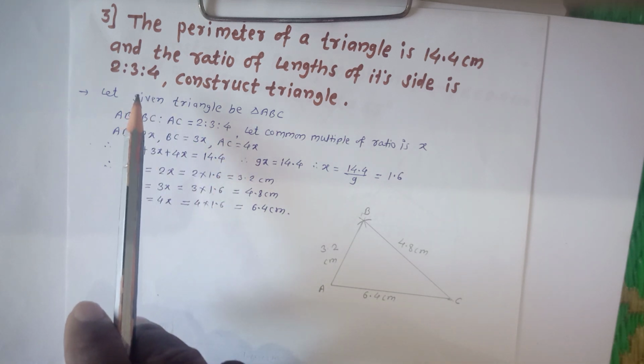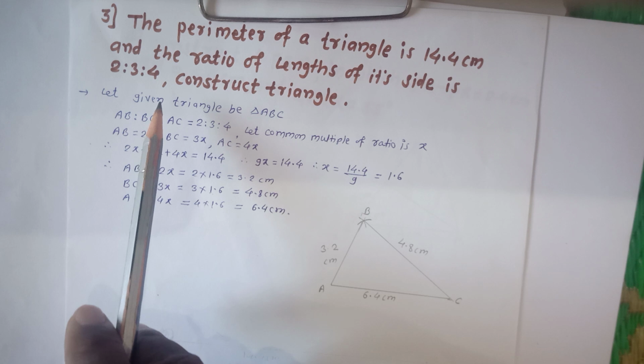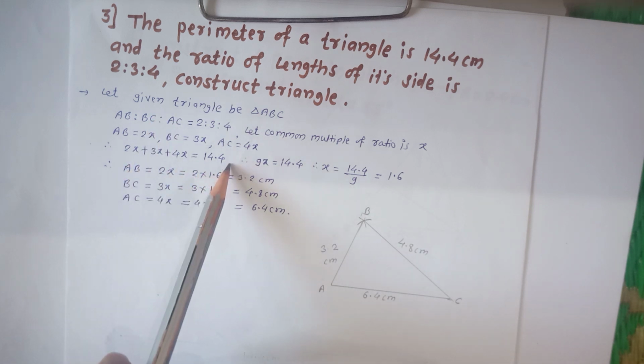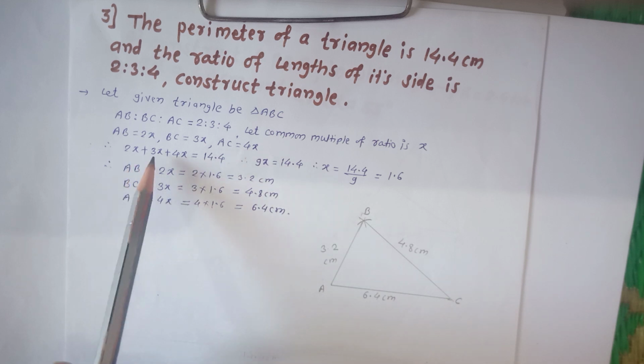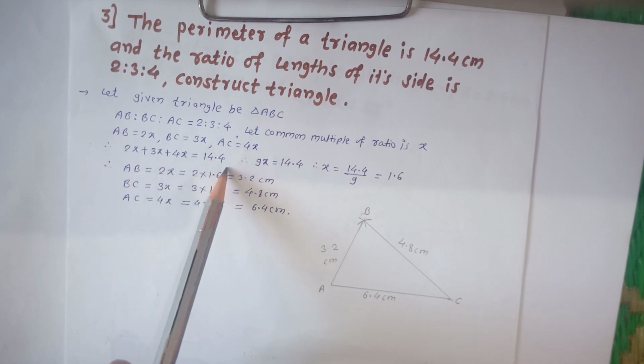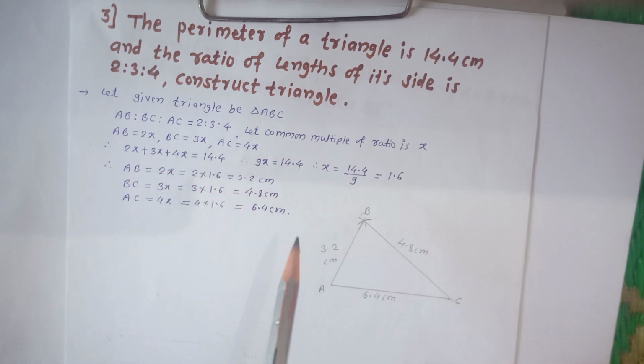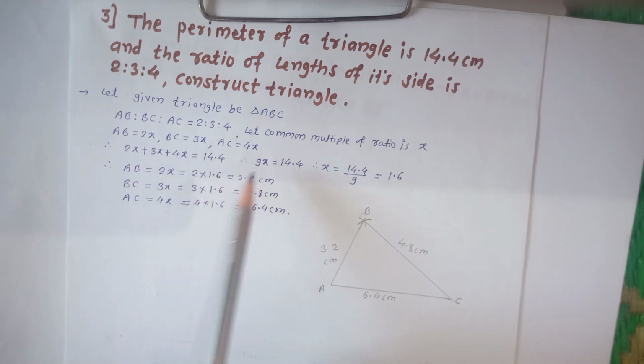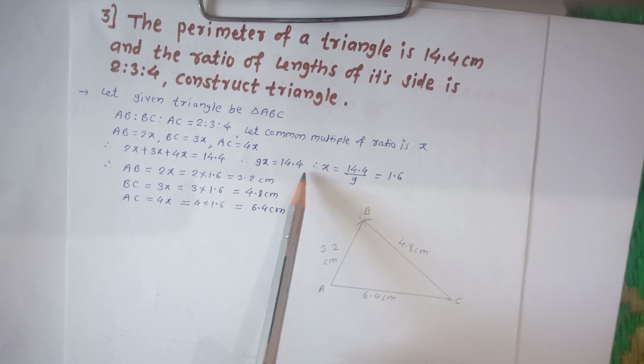And we have been given the perimeter, that is the sum of all the sides of the triangle, 14.4 centimeters. So 2x plus 3x plus 4x is equal to 14.4 centimeters. 2x plus 3x is 5x, 5x plus 4x is 9x, 9x is equal to 14.4.